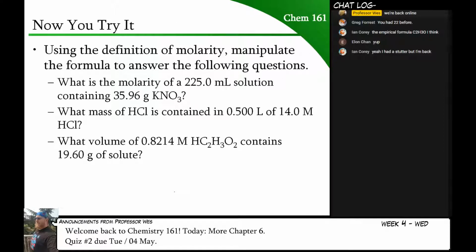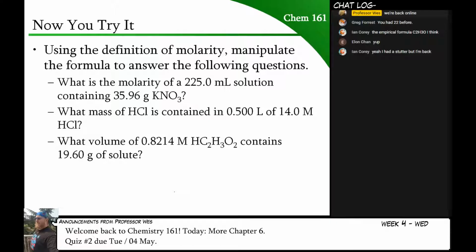All right. So now what I want you to do is try answering these questions using these quantities based on the definition of molarity and also the fact that molarity times volume equals moles. So for the first one, what's the molarity of this solution?